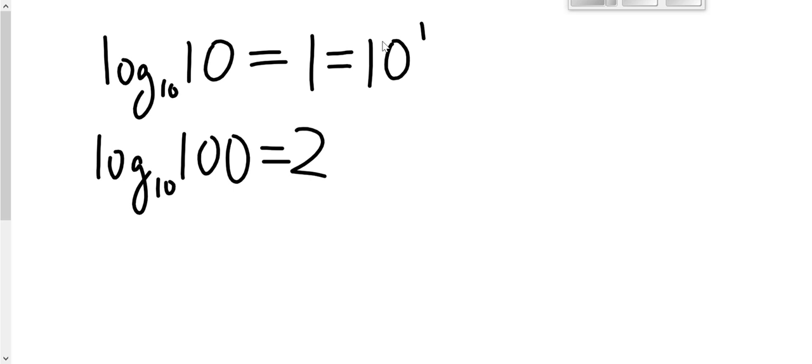If you're not sure what this is, you can enter that into your calculator. 10 to the power of 1 gives you 10. And for 100, can I say 100 is 10 squared?